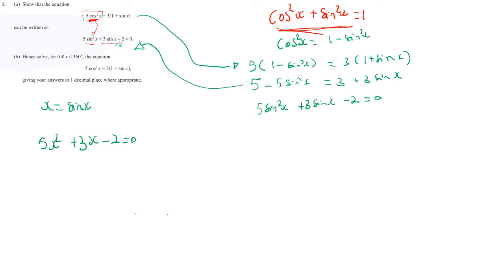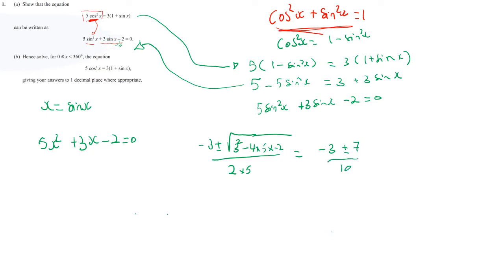Alright, then we can say that x equals negative 3 plus or minus the square root of 3 squared minus 4 times 5 multiplied by negative 2, over 2 times 5. Okay, so that is negative 3 plus or minus 7 over 10.